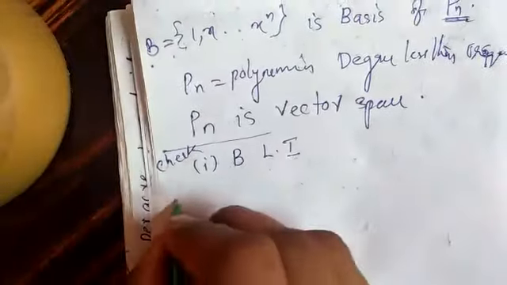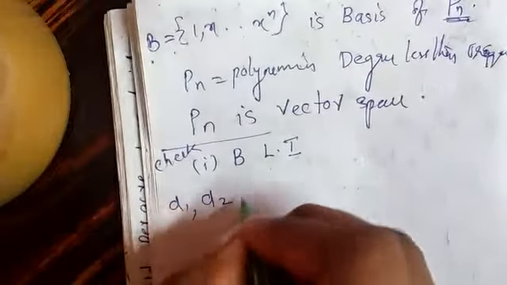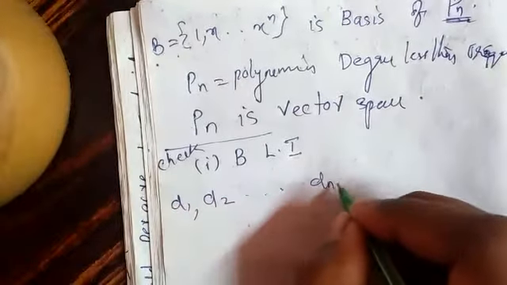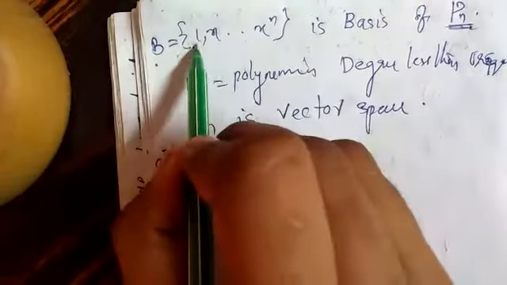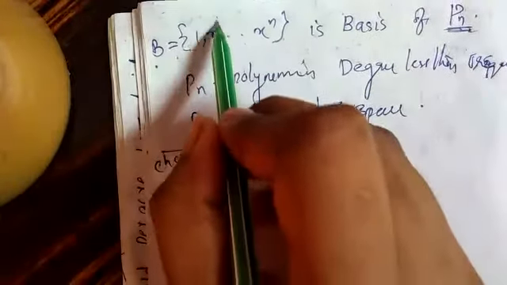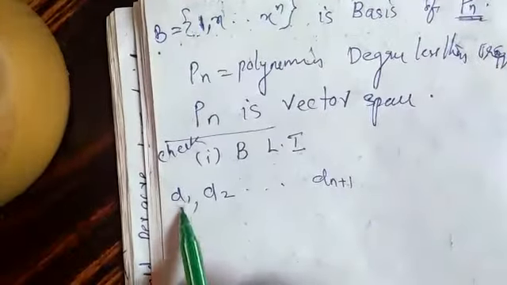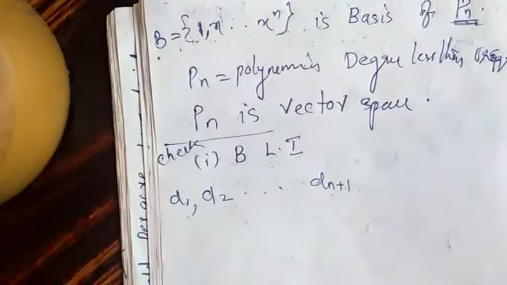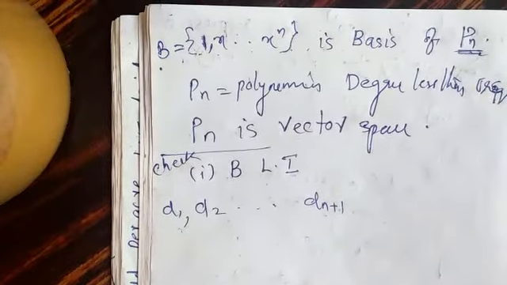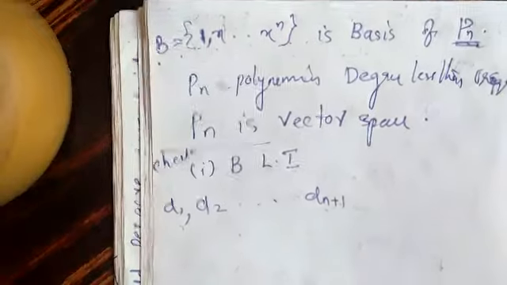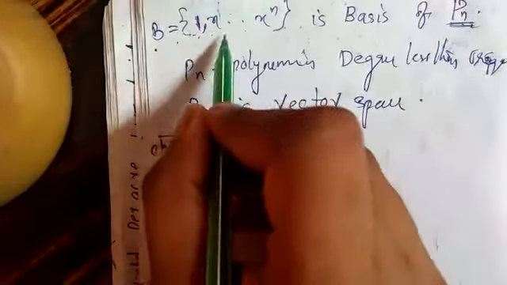So you take alpha 1, alpha 2, etc., alpha n plus 1. B has 1, x, x², etc., xⁿ: n elements and 1 also, so n plus 1 elements. That's why we took n plus 1 scalars, alpha 1, alpha 2, etc., alpha n plus 1.